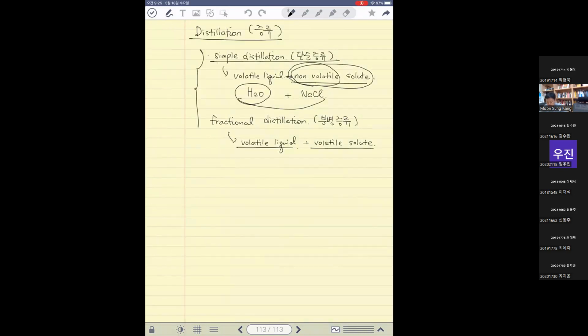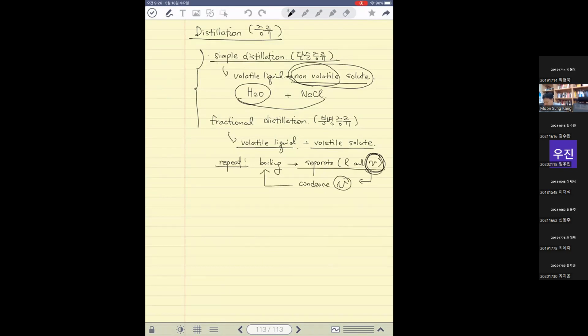So what you're going to do is repeat cycles of boiling. You're going to increase the temperature, right? And you're going to separate the liquid phase and the vapor phase, and you're going to condense the vapor phase. So you're going to lower the temperature, and then you're going to boil it.